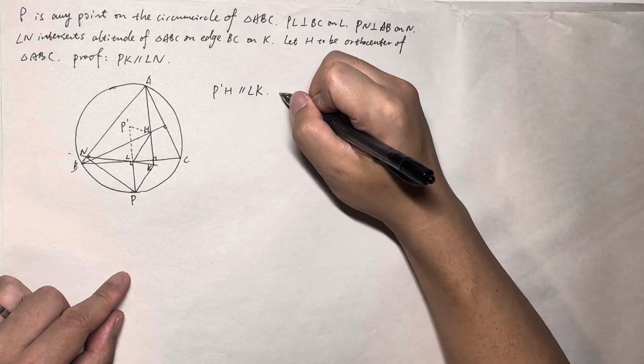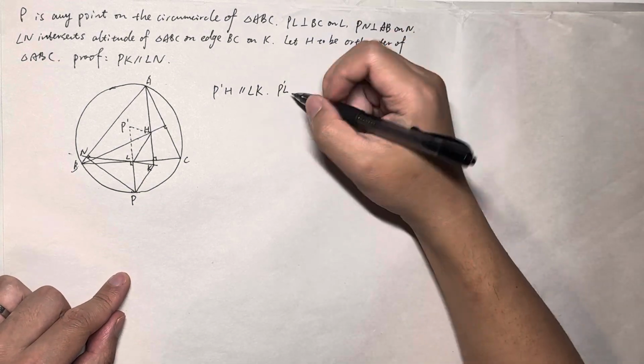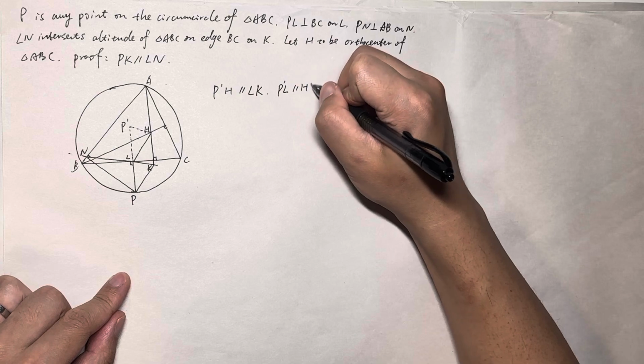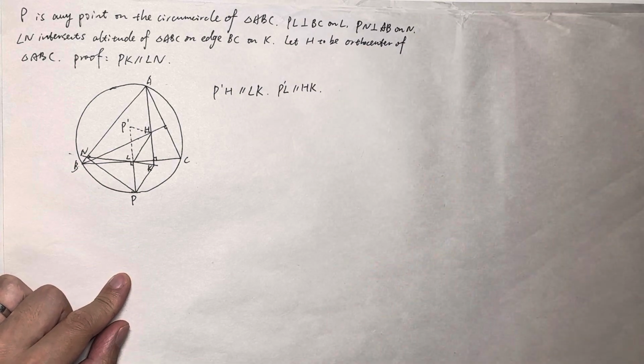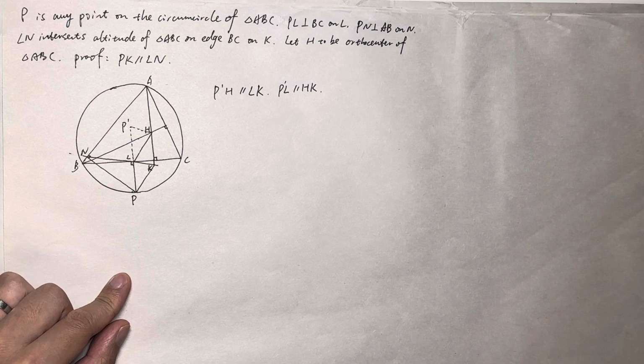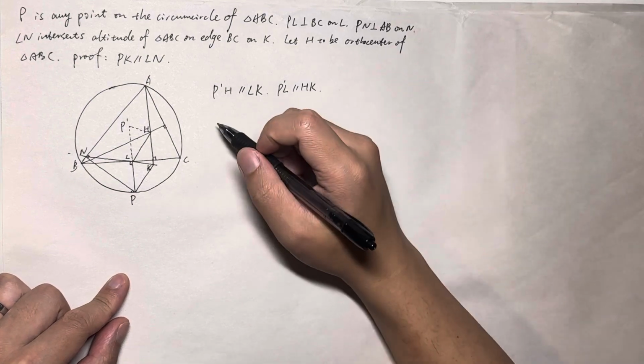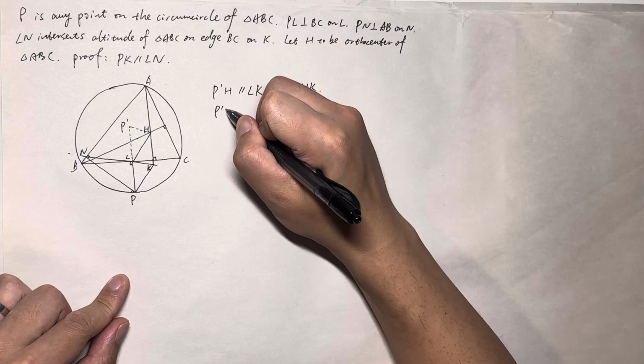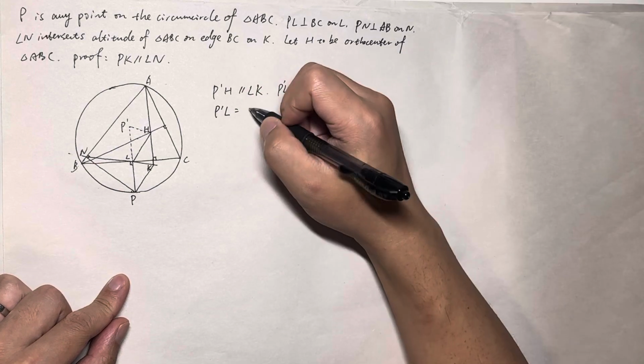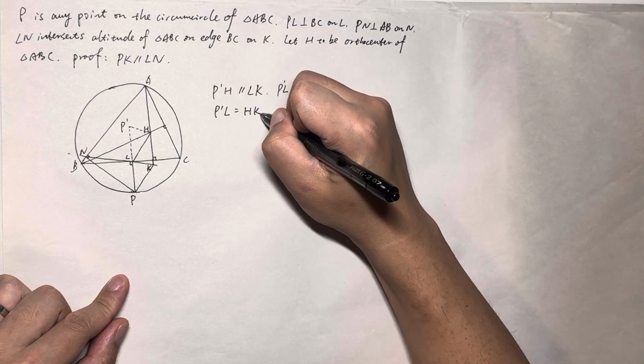And we know that P prime L is parallel to HK, so it's a parallelogram. Then we know that P prime L equals HK.